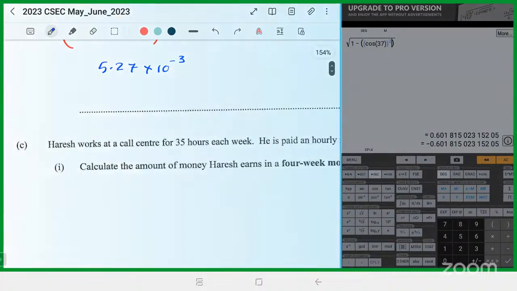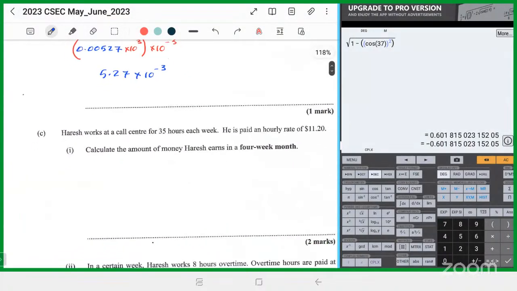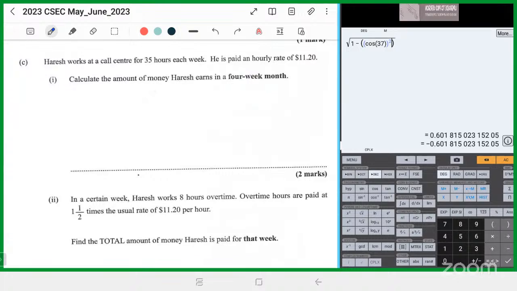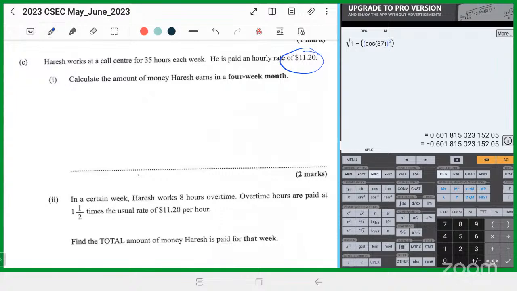Let's do this question. It says Haresh works at a call center for 35 hours each week. He is paid an hourly rate of $11.20. Every hour he's working, he gets $11.20. That is the regular work. Let's calculate the amount of money he earns in 4 weeks.